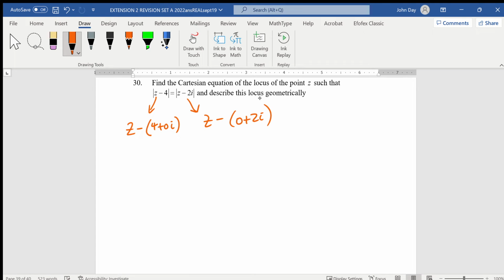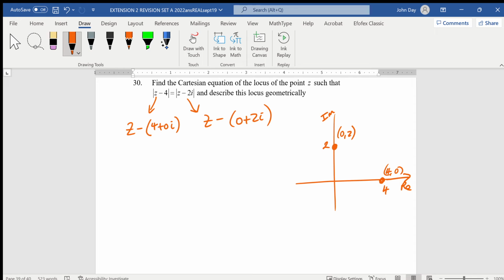So you have your 0 plus 2i, which is there on the imaginary axis, and you've got your 4 plus 0i, which is there on your real axis. That's the point 4, 0.